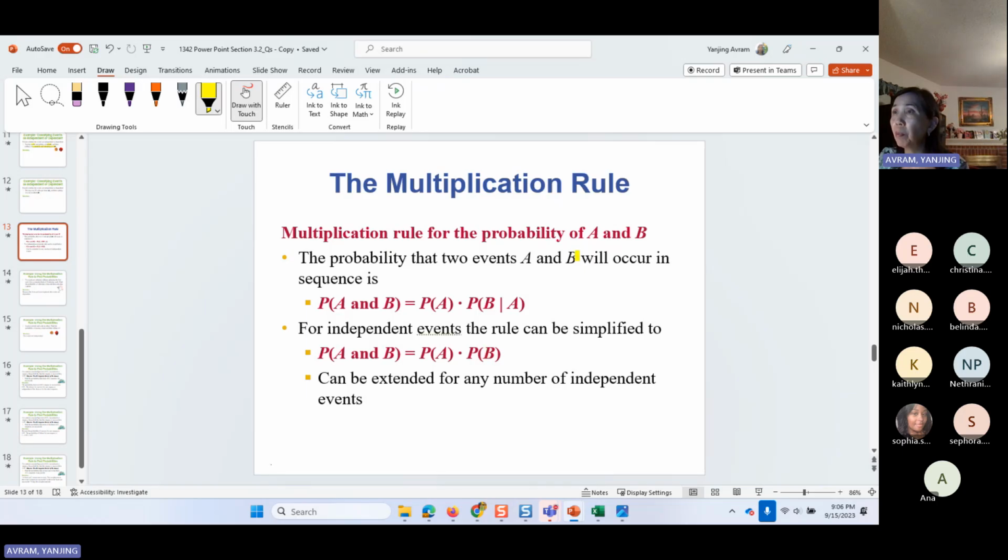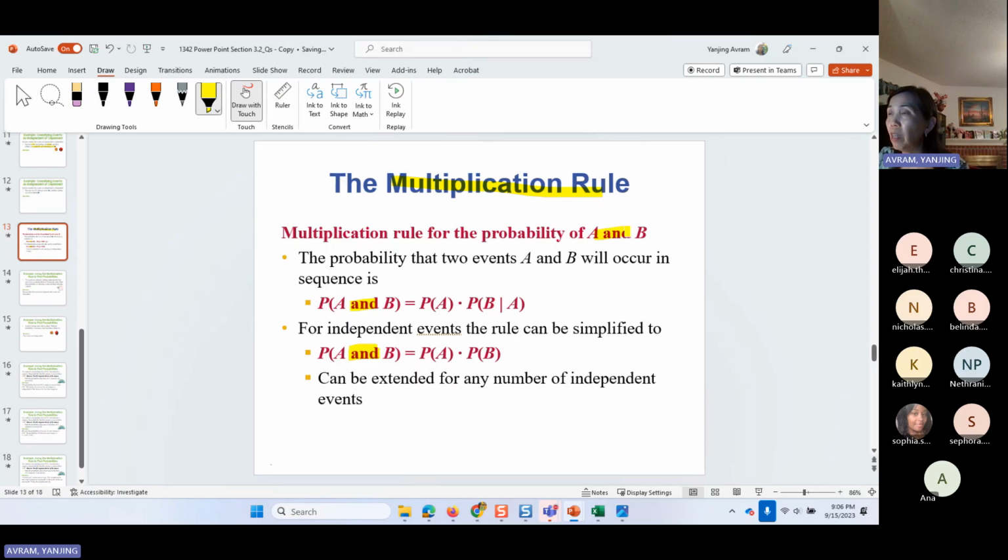Okay, we're going to look at the multiplication rule. For the multiplication rule, you have to look at whether this is dependent or independent. Sometimes people ask, how do I know whether this is a multiplication rule or an addition rule? Later on, we're going to talk about the addition rule as well. If you have an "and," usually it's the multiplication rule.